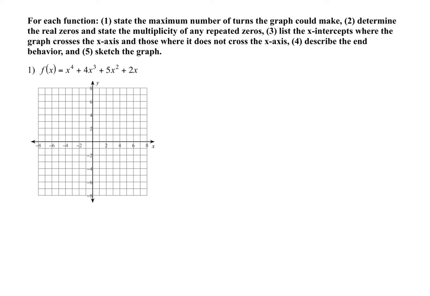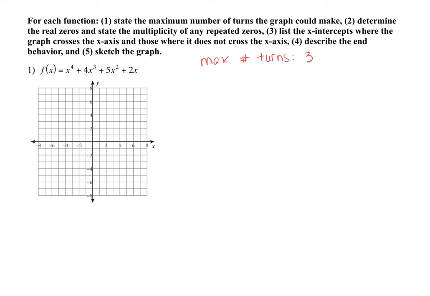And so when you're looking at these, maximum number of turns, that's really simple. You can do that with 0 work involved pretty much. Your max number of turns is just going to be 1 less than your degree. So you're going to take that degree of 4, 1 less than that, the max number of turns is 3. So that's one that everyone should get, okay?